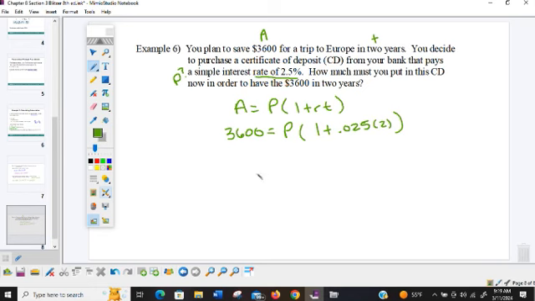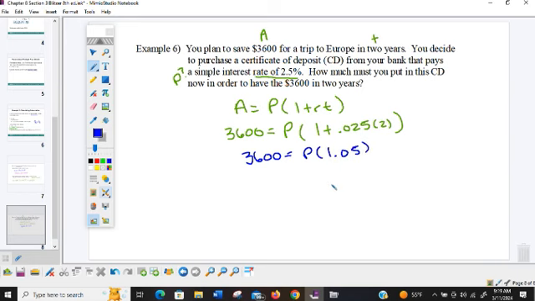When we multiply this out, we end up with 3,600 equals P times, when we multiply that, we get 1.05. We multiply and we add that 1.